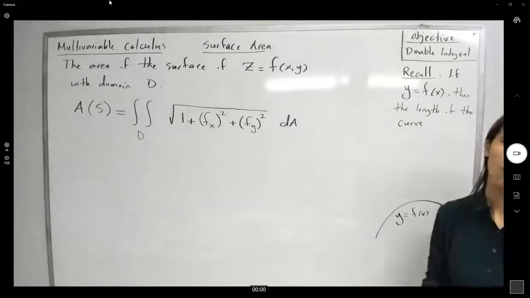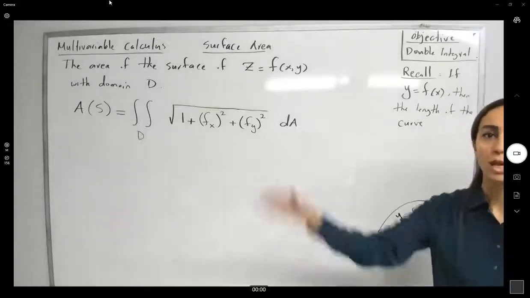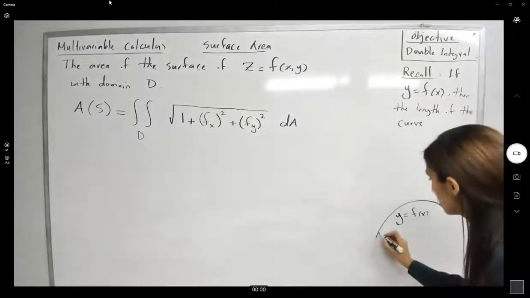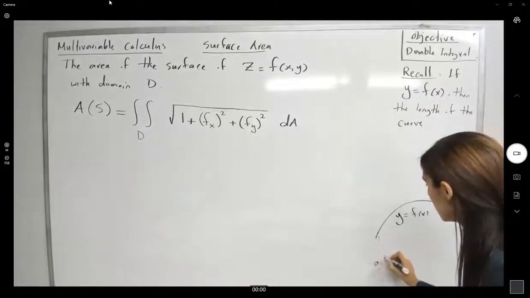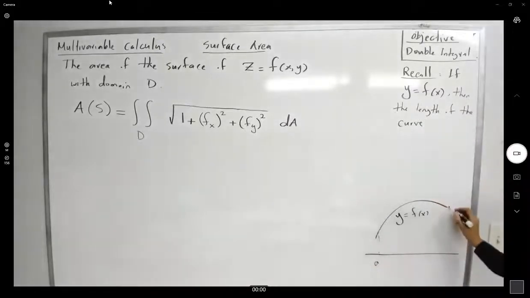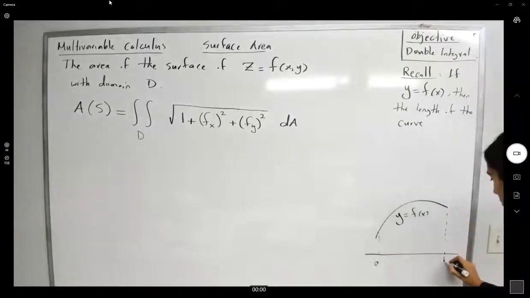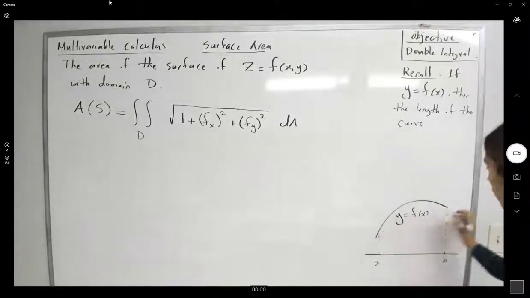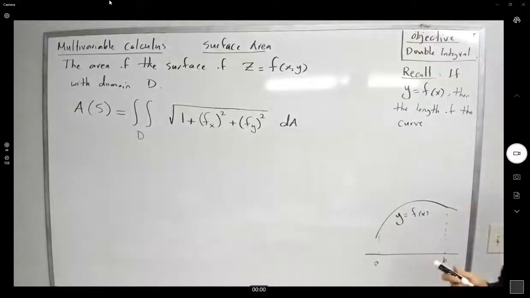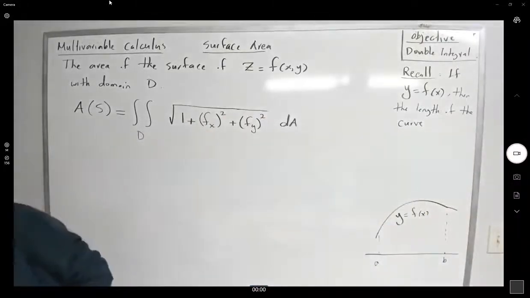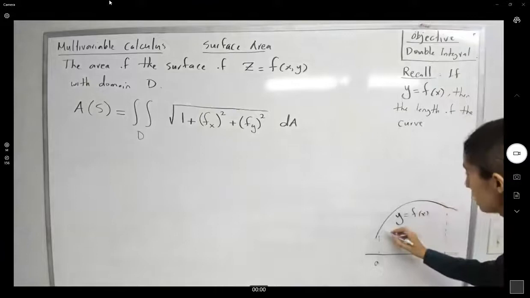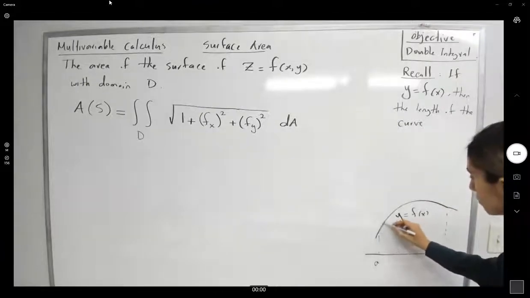Of course, we're not going to continue this curve from both sides, since it's going to go to infinity. So suppose it's bounded between a and b, and you're interested in finding the length of just this piece. This is what we learned before.